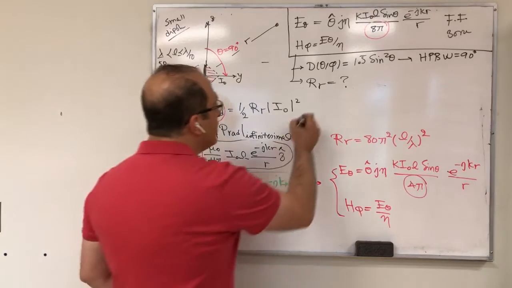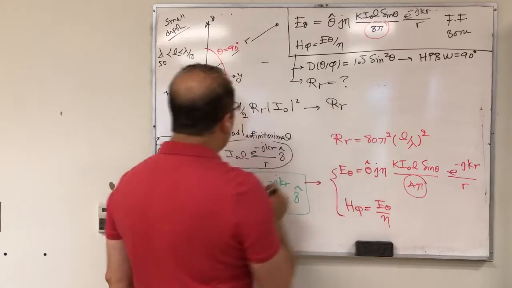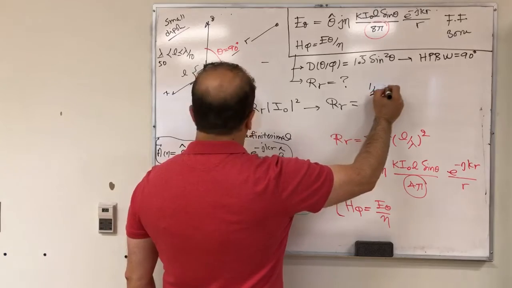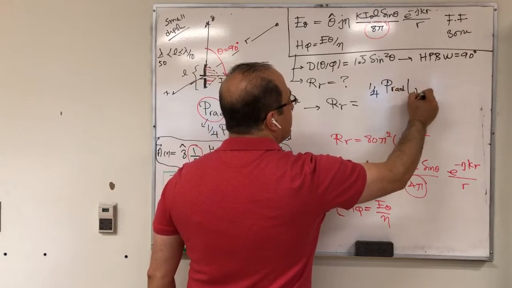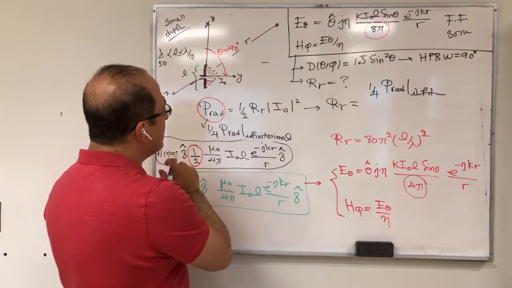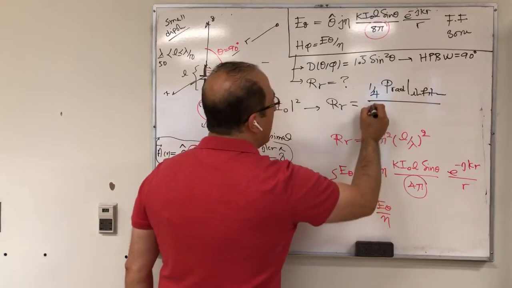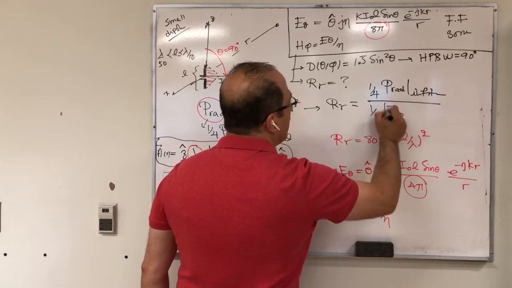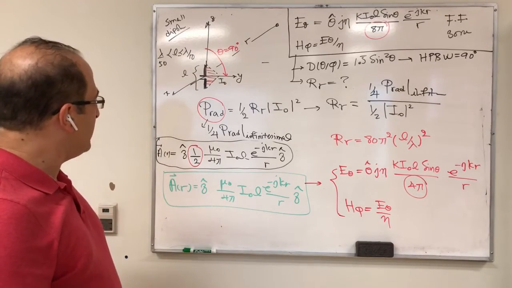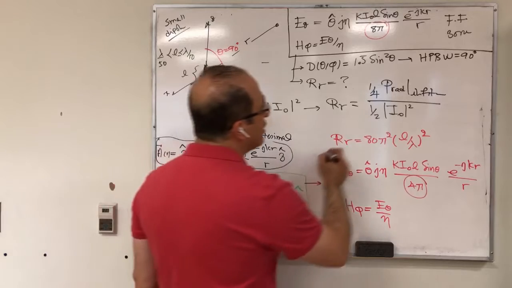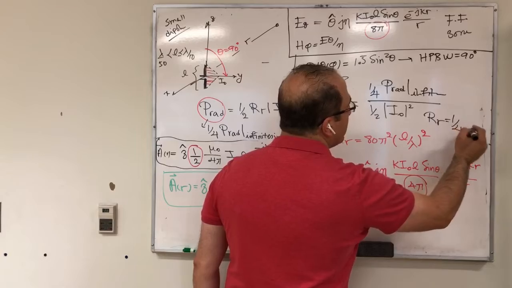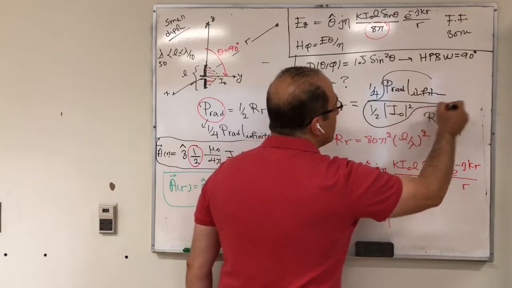So let's look at R_r. The R_r that you're going to have would be 1 divided by 4 P rad of infinitesimal, divided by half I naught squared. And if we go by that, R_r essentially becomes 1 divided by 4 of this one.